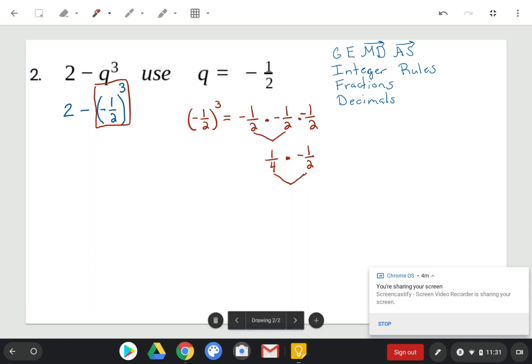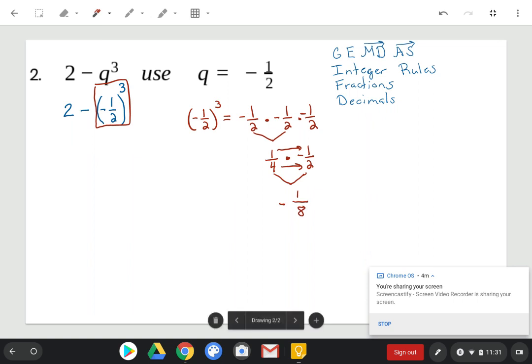This time we're multiplying a positive number by a negative number. A positive times a negative is a negative. And to multiply the fractions, I need to multiply the numerators or the top numbers. 1 times 1 is 1, and 4 times 2 is 8.